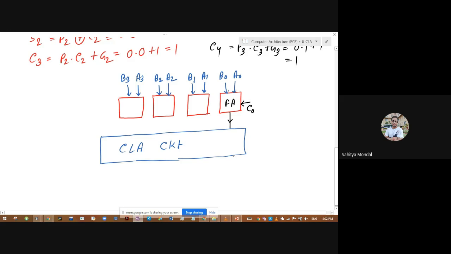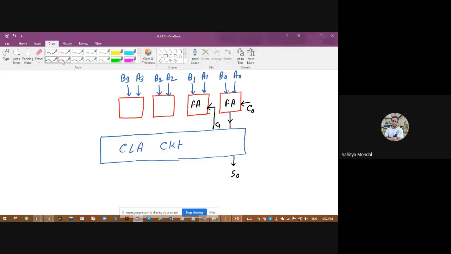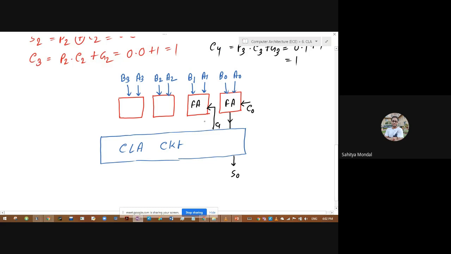What does the CLA circuit generate? S0. And the CLA circuit also generates the carry for the second full adder, which avoids the carry propagation delay. Next, it takes the input through the CLA circuit, generates S1, and generates the carry for the next full adder.